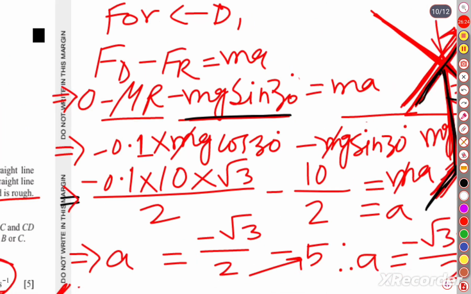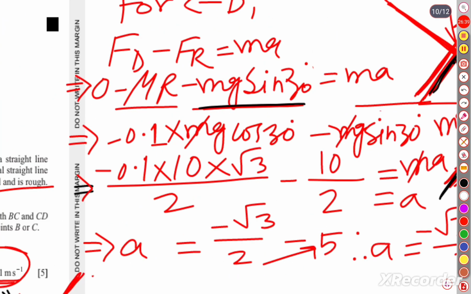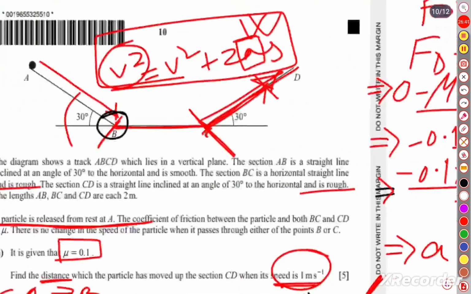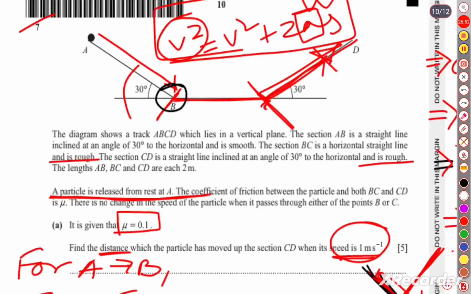So we can write here v at B is equal to, as the particle was released from rest, so u is 0, and at the first point acceleration was 5. Look at this, this was the acceleration initially at B. We know each surface is of 2 meters, it is written over here.